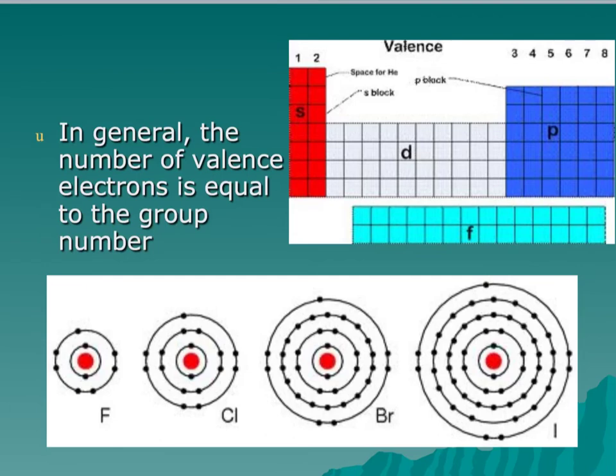Okay, so in general, the number of valence electrons is whatever group they're in. So here again is kind of a picture of our valence electrons. Here, group 1, all of those tend to have 1 valence electron. Those in group 2 have 2 valence electrons. So you can kind of see where this is going.